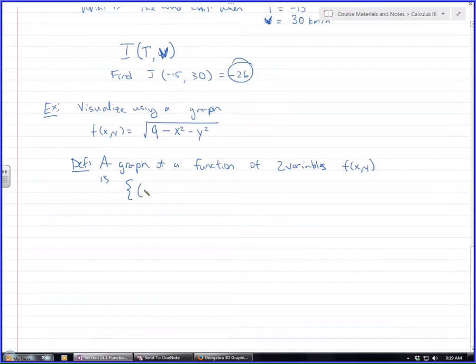It's a set of all points x, y, and z, such that z is equal to the output for all x and y in the domain of f. Okay, so the z is the height of the function.